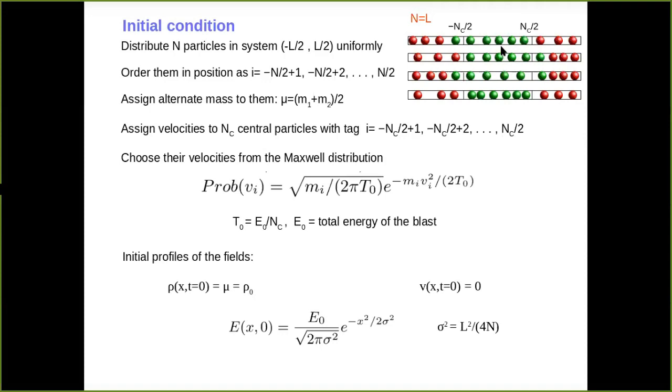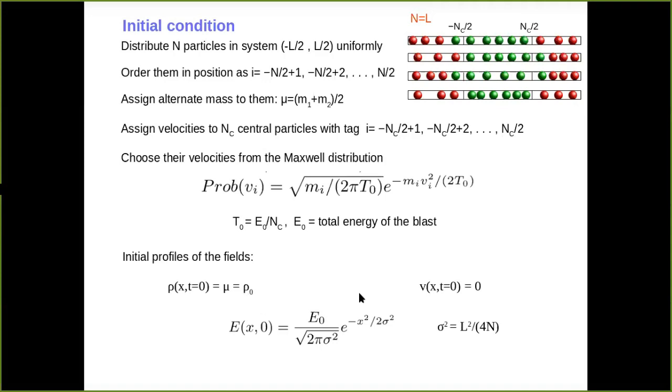So one can calculate what the initial distribution will be. The initial density field, as we distributed uniformly, will be flat, given by this mu. We took N equal to L, so this is given by the effective mass mu, which is (m1 plus m2) by 2, which is rho naught, the ambient density.